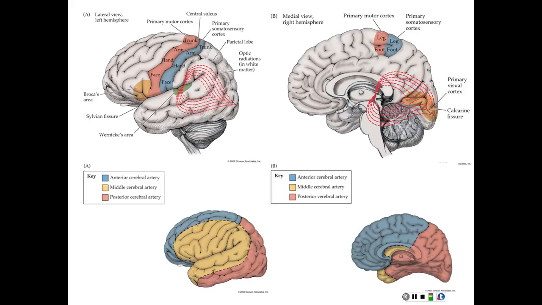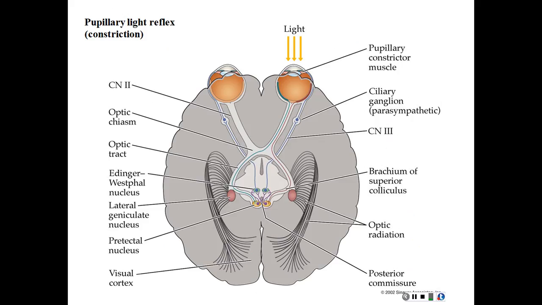Major arteries. Only a few structures. It's not so bad. Okay, last but not least, why do we need to share some of this visual information with that pretectal nuclei found in the superior colliculus? What could possibly be the purpose of this? Well, guess what? We're coming full circle to our whole thing about pupillary constriction, pupillary dilation.